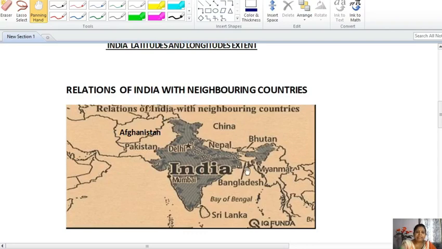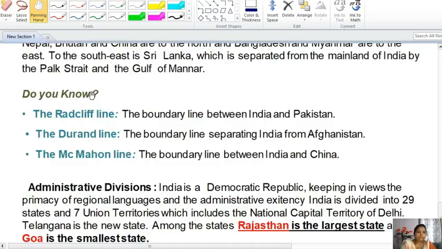In the east, Myanmar, Bangladesh are located. In the southern part of India, Sri Lanka. And here we come across the imagined line which separates India and Sri Lanka, the Gulf of Mannar and Pak Strait. So this important line is located here between India and Sri Lanka in the southern part of India.